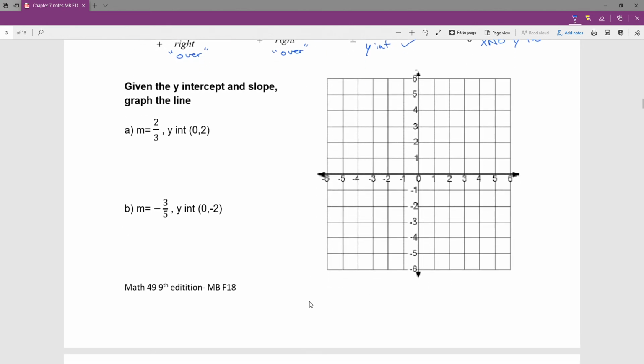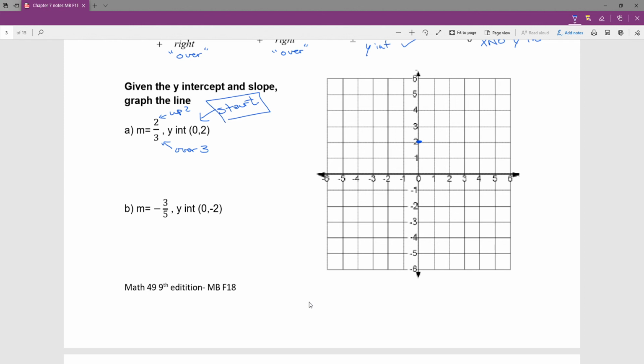All right, so let's put these together. If you are given an intercept and a slope, we can practice putting these on the graph. We're going to start here. You have to start with the point, so you would start at (0, 2). And then my slope tells me the instructions. It goes up 2 over 3 from where you started.